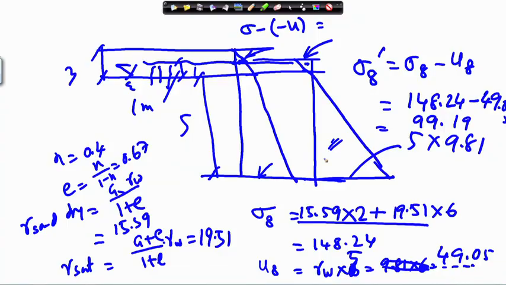So, these 2 points have to be remembered: the water table is unchanged, so 6 should not be taken, and pore pressure above the water table will be negative, so effective stress there increases.